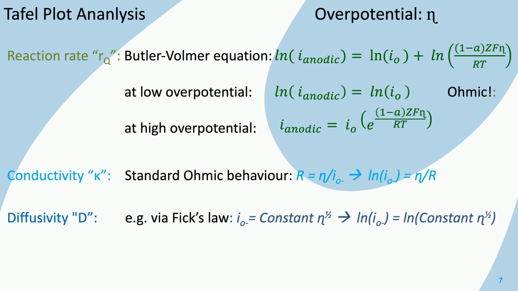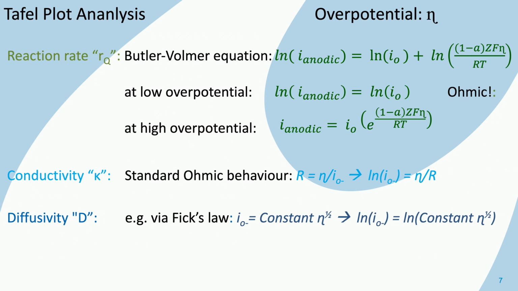As was shown for the vanadium redox flow battery, once we add more power, the overpotential also increases, and thus we will arrive at the ohmic behavior of the bulk electrolyte. The current then goes linear with the overpotential, according to Ohm's law. When the power demand is even further increased, the reactive species are no longer able to arrive at the electrodes, and we may expect diffusion limitations. Here typically the current goes to the square root of the overpotential as explained via Fick's law.